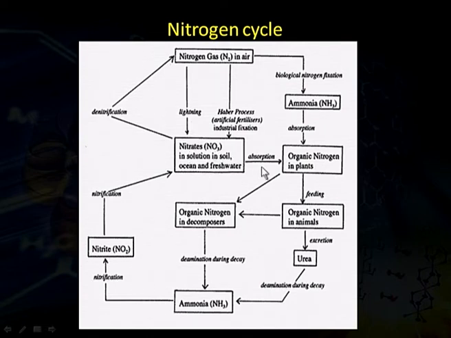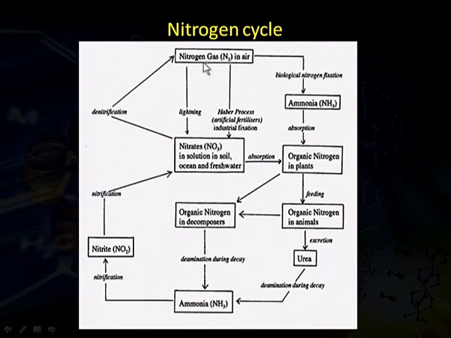These nitrates are absorbed by the plants, and this cycle keeps on going like this. Now, these plants are eaten by the animals, these animals excrete urea, and when these plants and animals die, the organic nitrogen goes into the decomposers, which again decompose it into ammonia, and this cycle keeps on repeating.